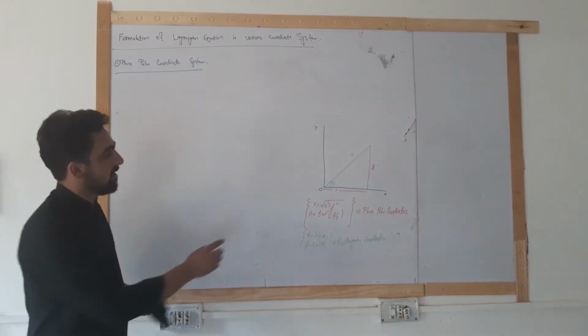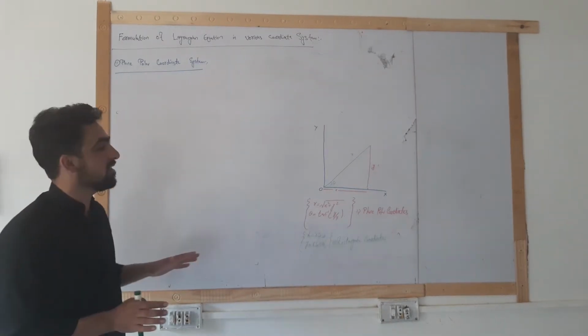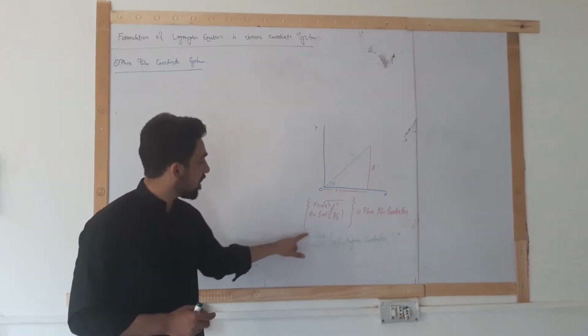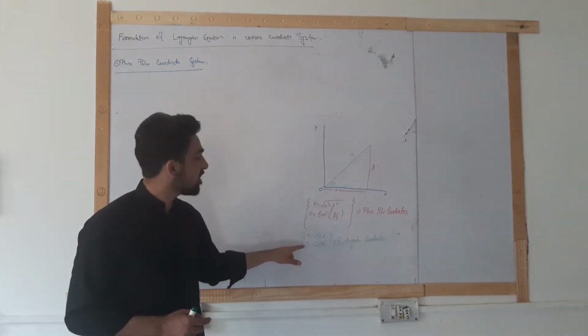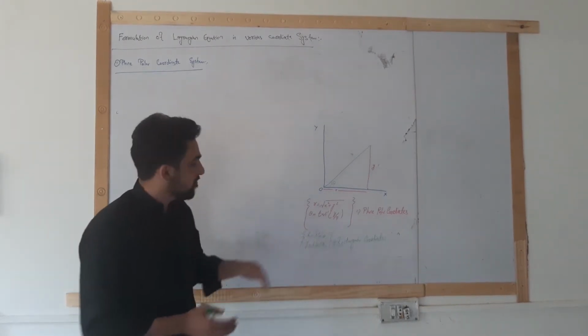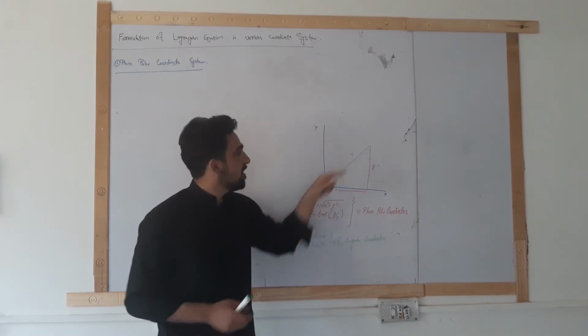I have written here that there are two types of coordinate system which can completely describe this system. One is our well known Cartesian coordinate system, x and y, via which we can describe the position of this particle.